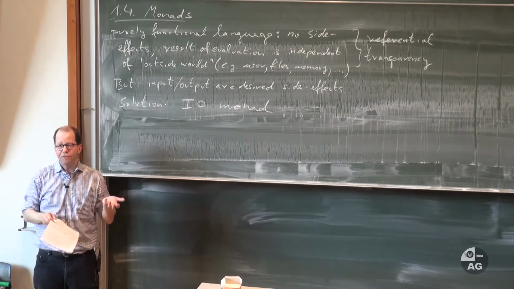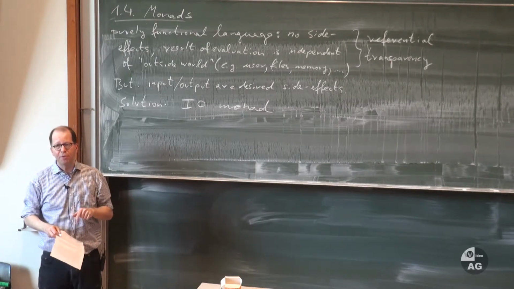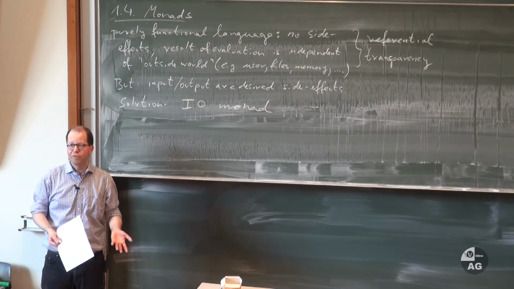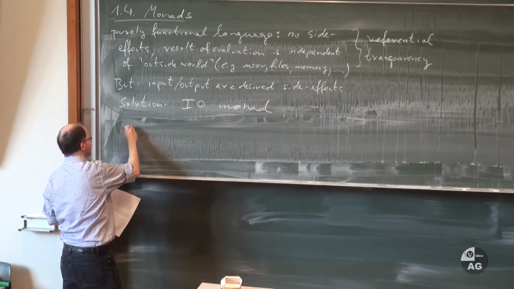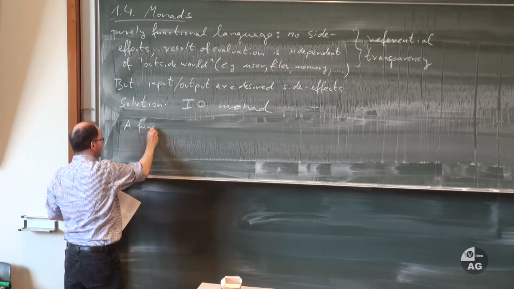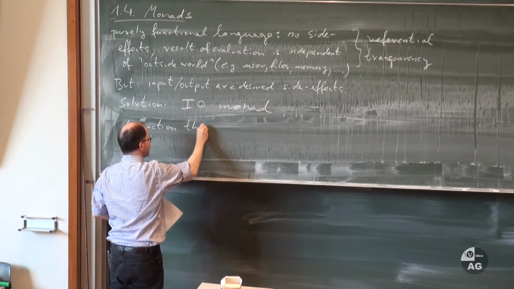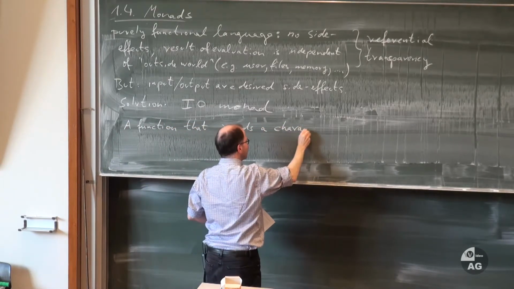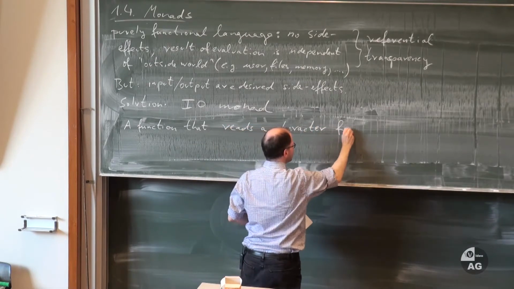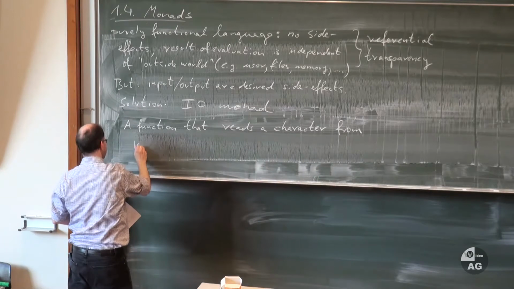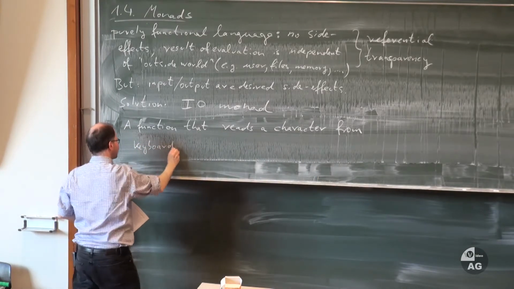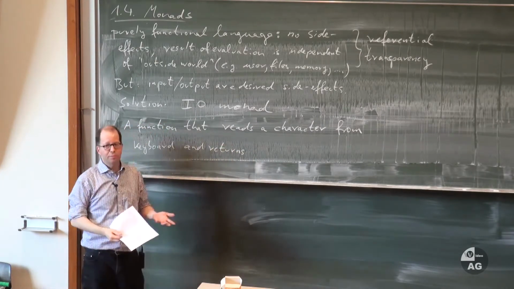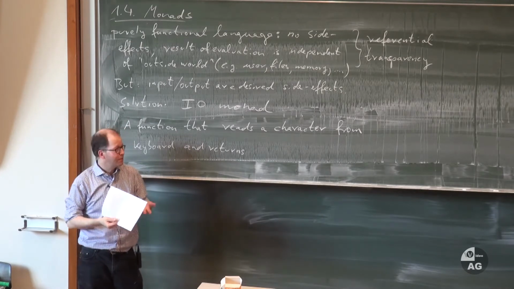So the problem is, if you had a function which reads a character from the keyboard and then returns this value of the keyboard as its result, then this would violate referential transparency. So this is something we should keep in mind. A function that reads a character from the keyboard and returns this character as its result should not be possible, because the value of this function would depend on the outside world.